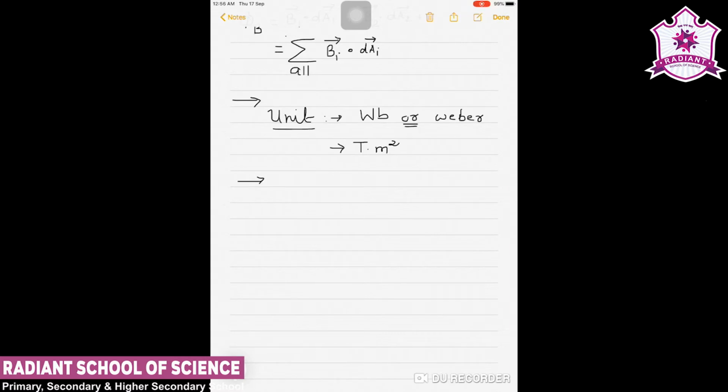Let us repeat it: for electric flux we write it as M1 L2 T minus 2 A minus 1. So this is the dimensional formula of magnetic flux. So this is the case of magnetic flux and how it can be defined.